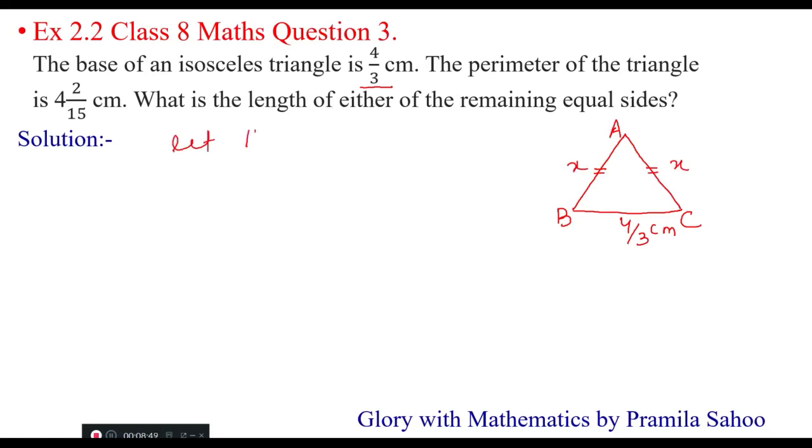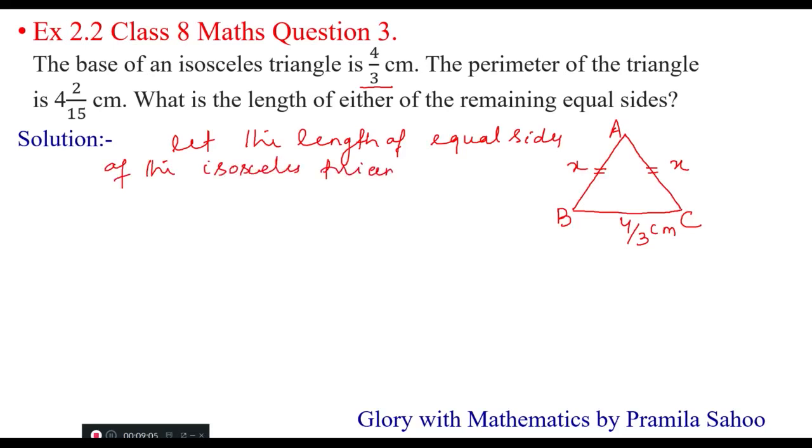Let the length of the equal sides of the isosceles triangle be x centimeter. So the perimeter of the triangle is the sum of 3 sides.